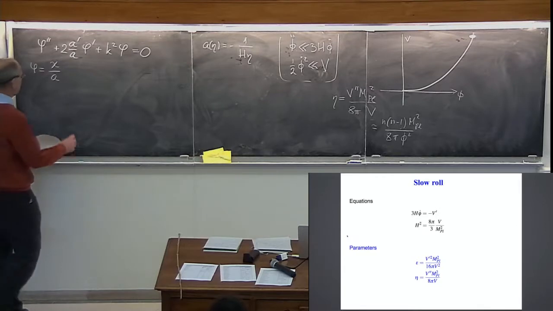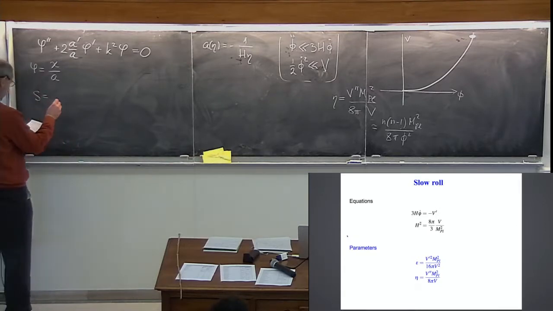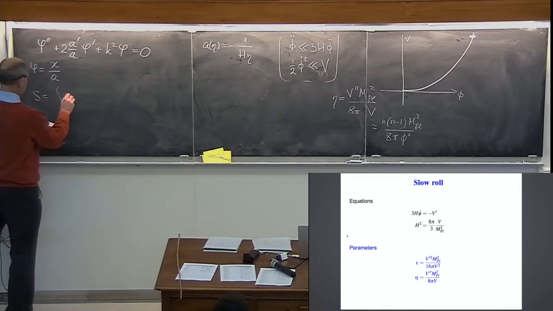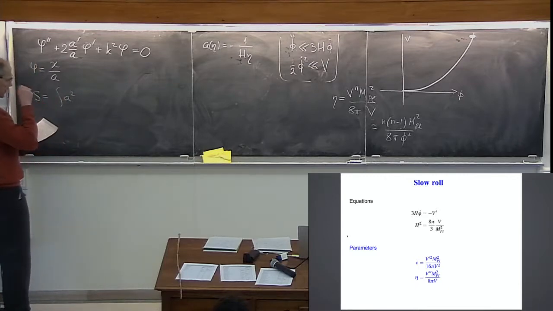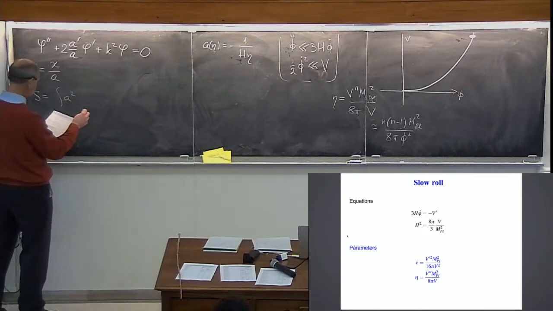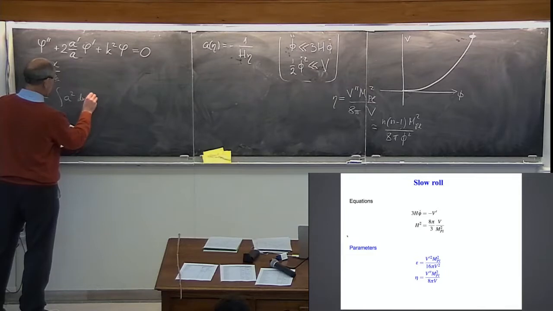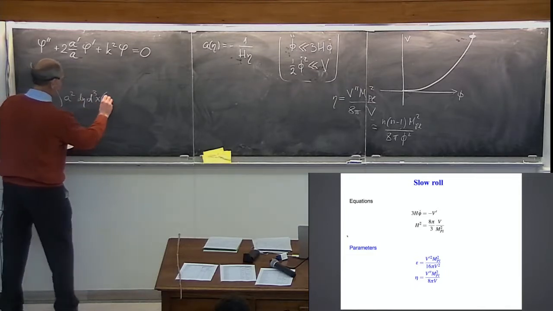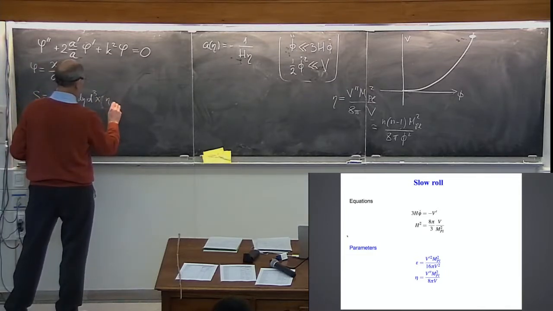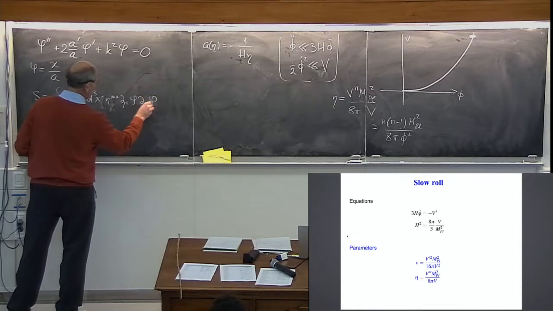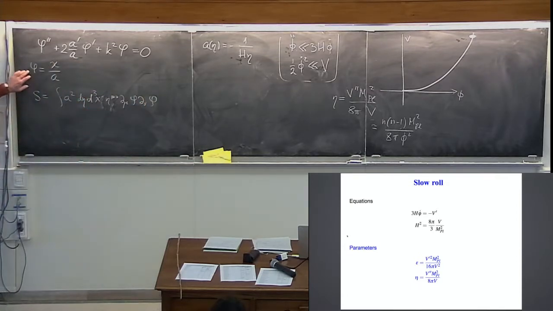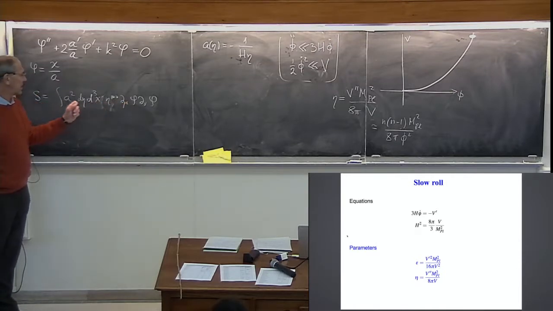Or in other words, remember we have the action for this massless scalar field, modulo the overall factor of gravitons. This is it, the integral d^3x eta^{mu nu} d_mu phi d_nu phi, right? So this change of variables is such that this term here goes away.